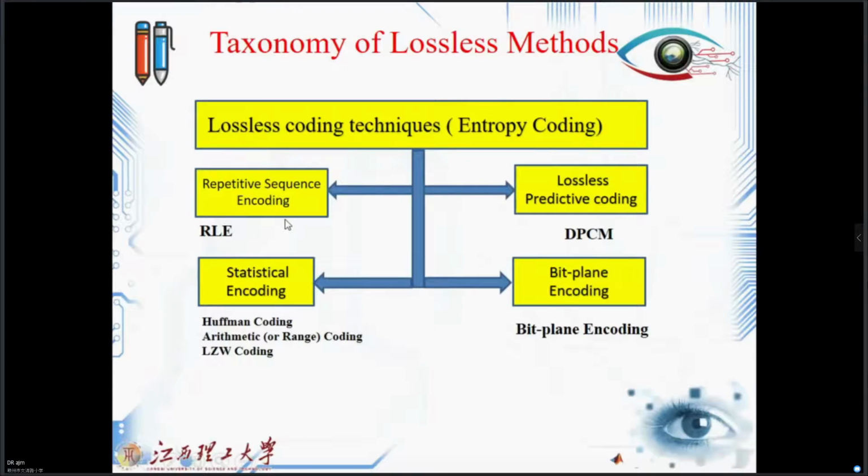Once more, let us see what the lossless coding techniques are, which people call entropy coding. We have repetitive sequence encoding, or RLE. We have statistical encoding like Huffman, arithmetic, and LZW coding.